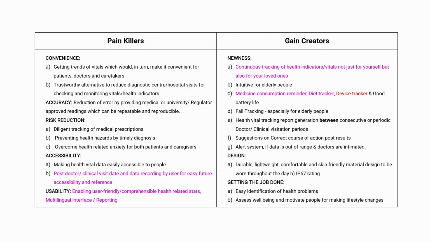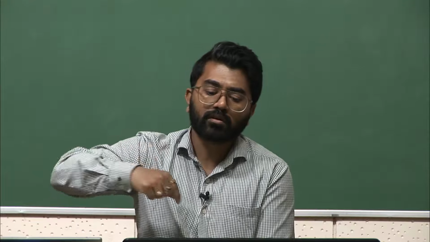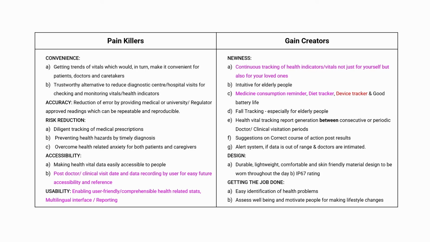There is not only tracking, but also some AI based suggestions on the right course of action. There could be cases when it says out very loud to please clinically correlate or go visit a doctor. The alert system triggers if data is out of range, and doctors are sometimes intimated. In certain cases you will have emergency doctor details and emergency family and friends details, and they can be directly intimated.